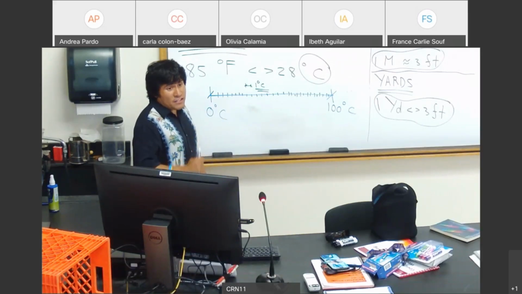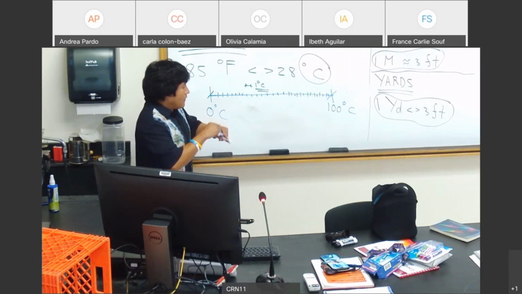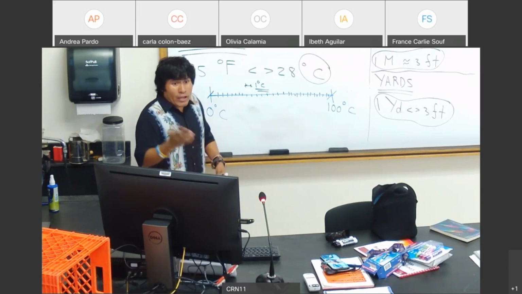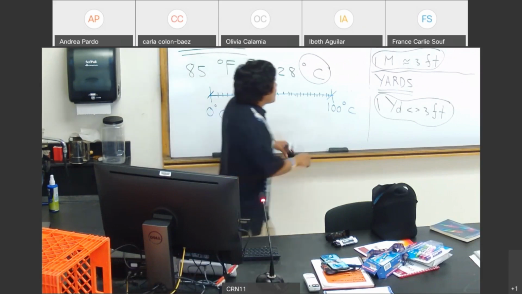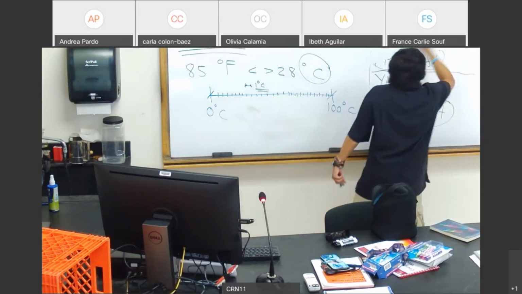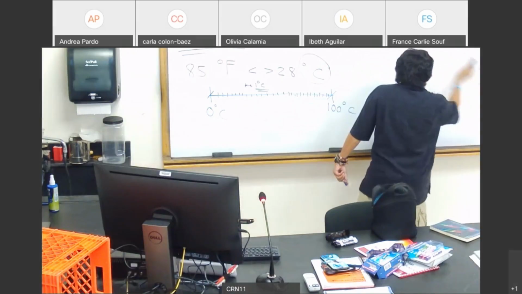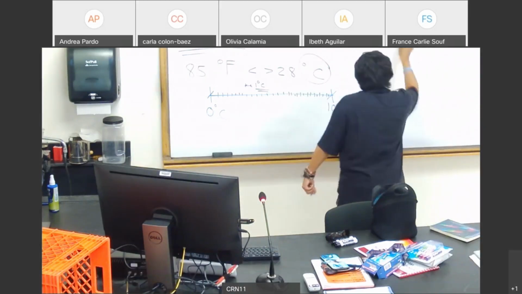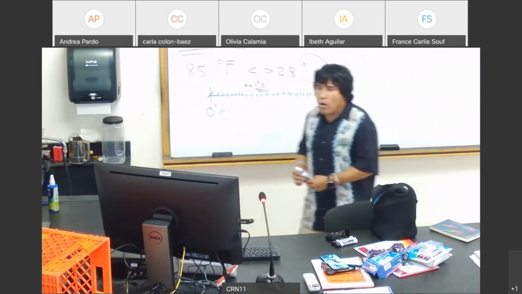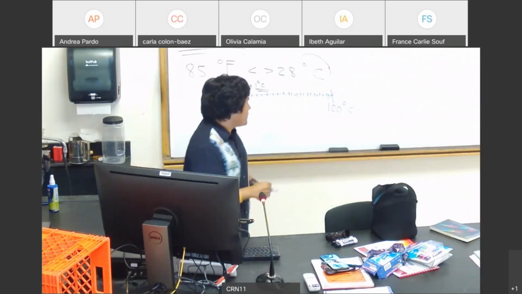So that's how we calibrate a thermometer, and that's how we define the temperature scale in Celsius. Now, what happens with Fahrenheit? Fahrenheit is okay, but look what happens when you want to start doing conversion. What is the freezing point of water in Fahrenheit? Does anybody know? And what's the boiling point in Fahrenheit?